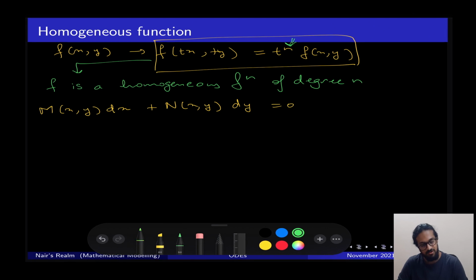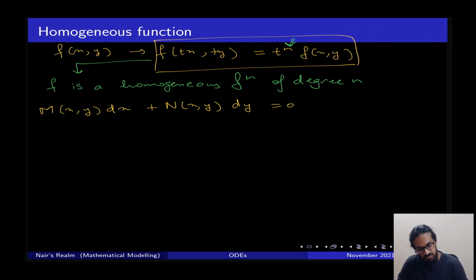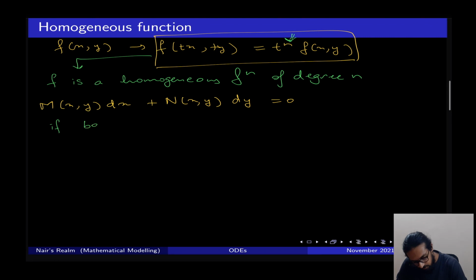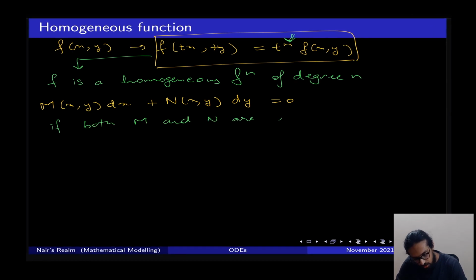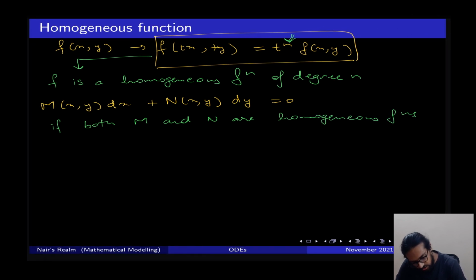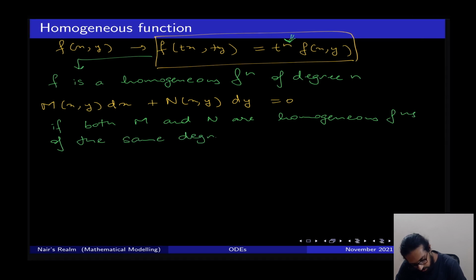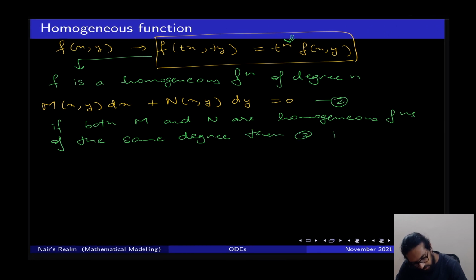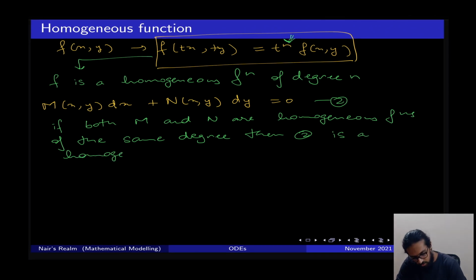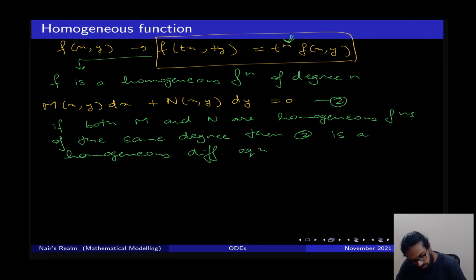Now the definition of a homogeneous differential equation is: if both m and n are homogeneous functions of the same degree, then the above differential equation is a homogeneous differential equation.